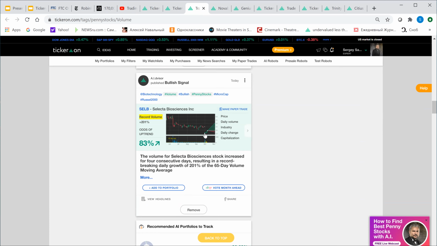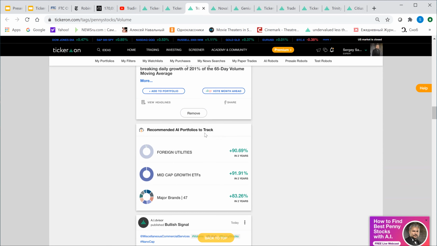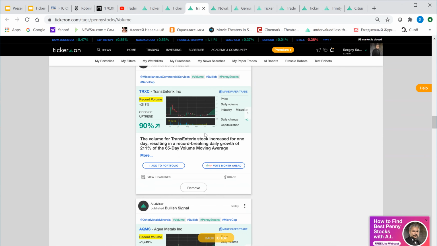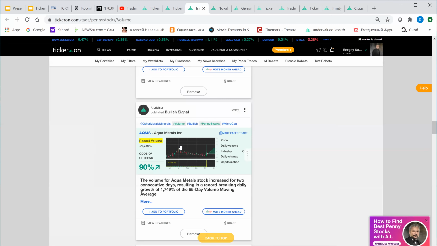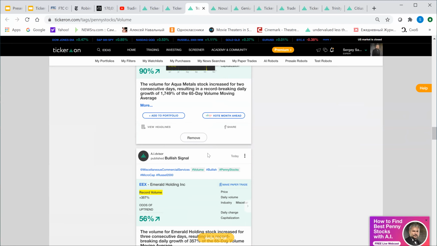So you see, first was a significant drop, and then a bump, pumping up. You see a 200% increase in volume. 1700% increase of volume. That's where pumping is starting.